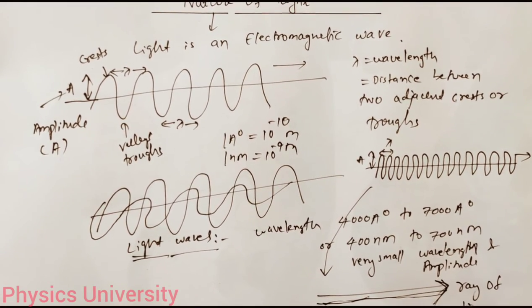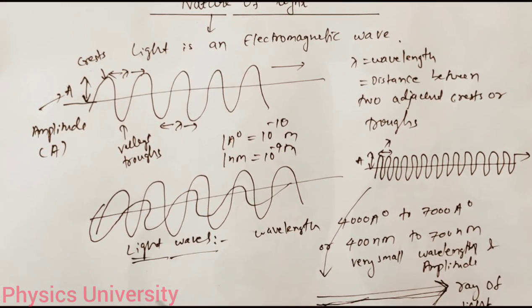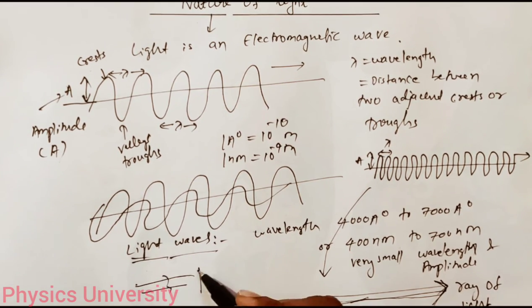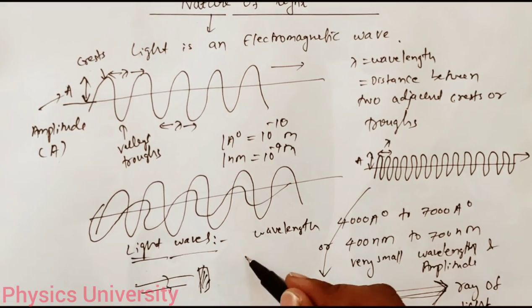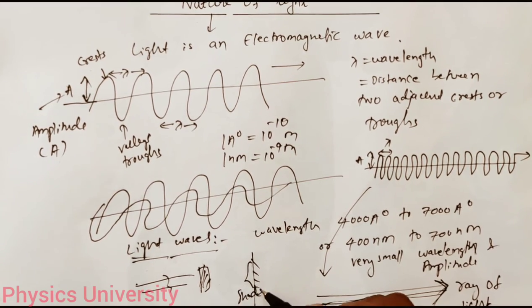For everyday purposes, like light forms a shadow. If light is traveling in a medium and some obstruction comes, suppose light is traveling in this direction, some obstacle comes here, and if some screen is there, in this region we get a shadow, right?